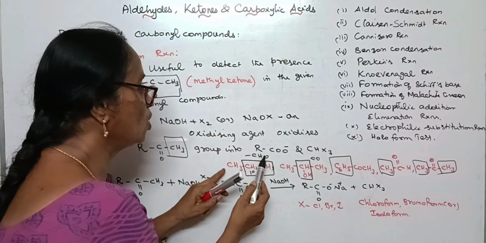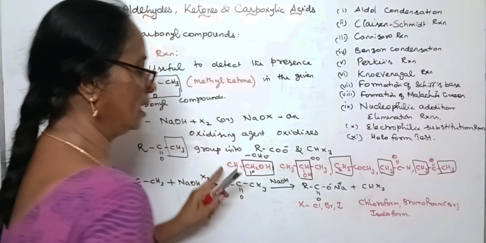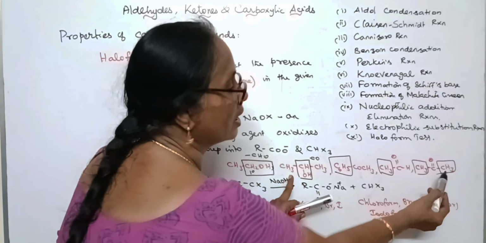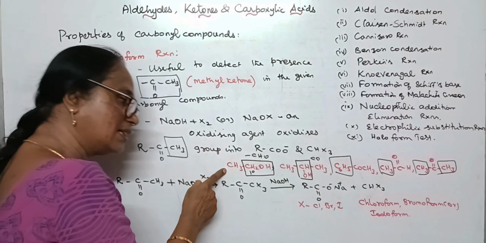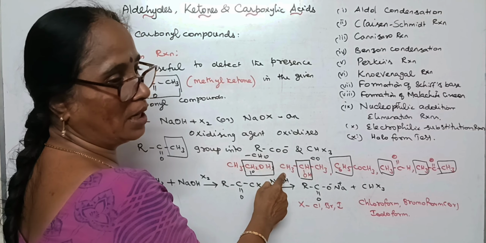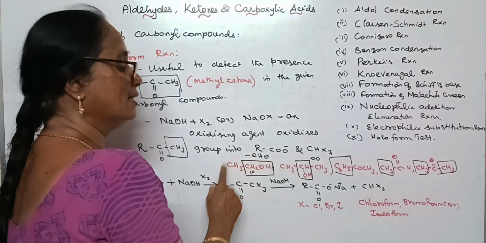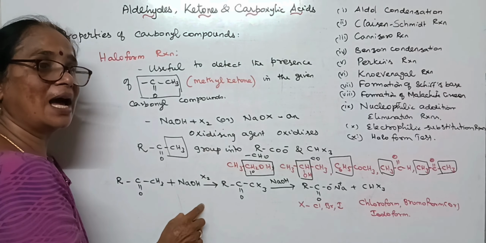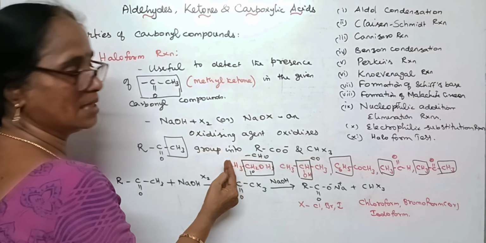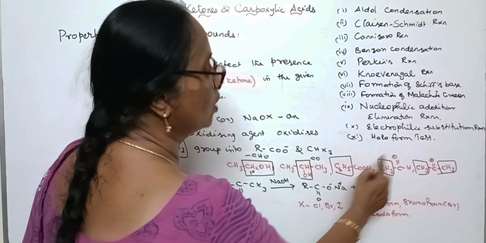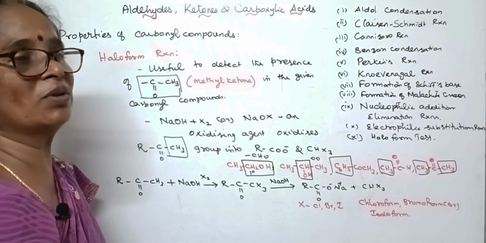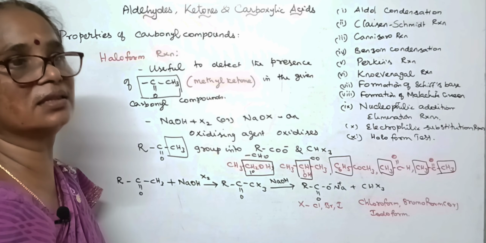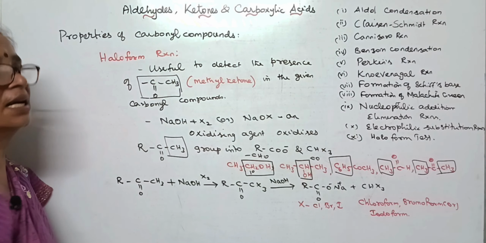So when it goes to CHO, you get acetaldehyde. When it goes to CO, you get acetone. So in alcohols, you can have either ethanol or isopropyl alcohol, or 2-propanol. That will also answer the haloform test. Besides these alcohols, acetophenone, acetaldehyde, acetone or any compound that contains the COCH3 group will answer this test.